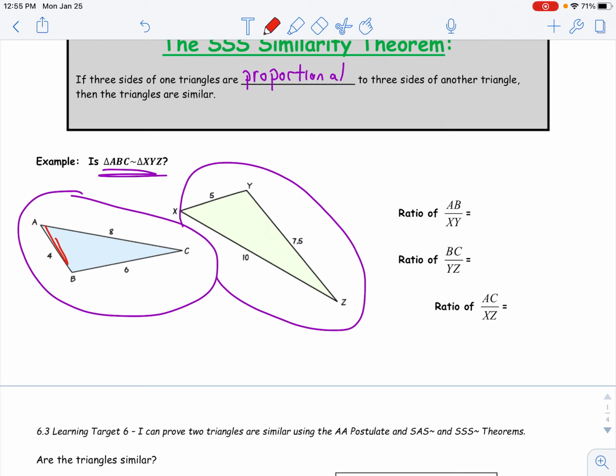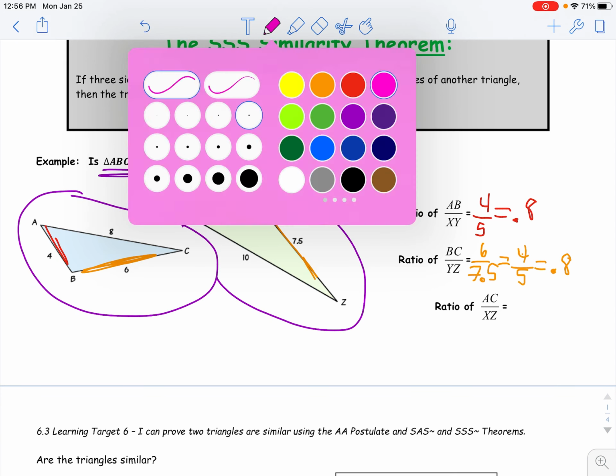In this first one, we're going to do AB over XY, 4 over 5, which is 0.8. Next, we're going to do BC and YZ, which, hard to tell, would also reduce to 4 over 5, or more simply, you could bash it into a calculator and get 0.8.